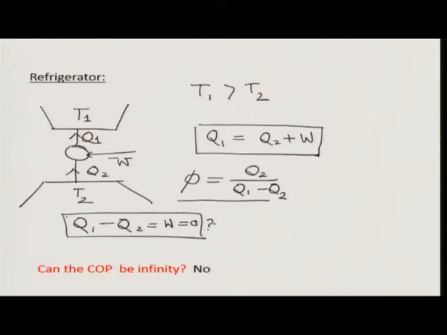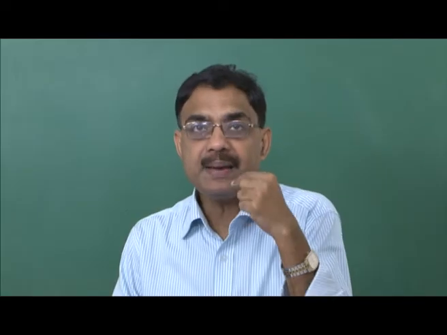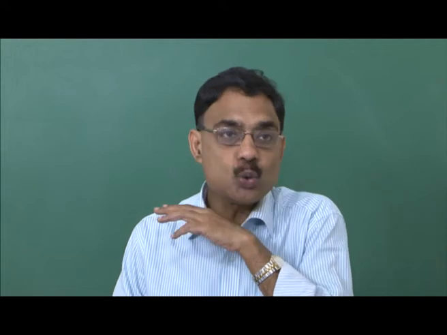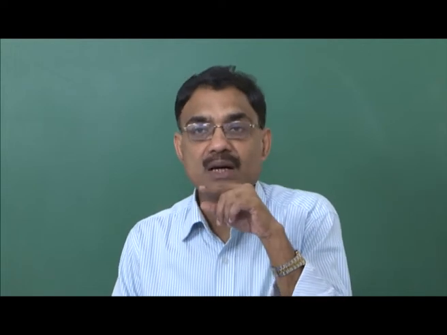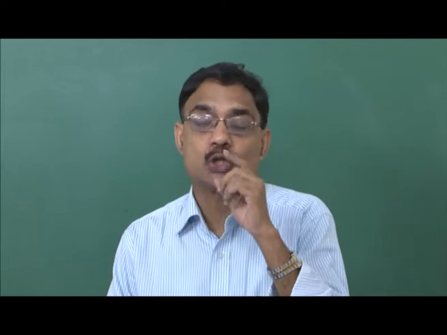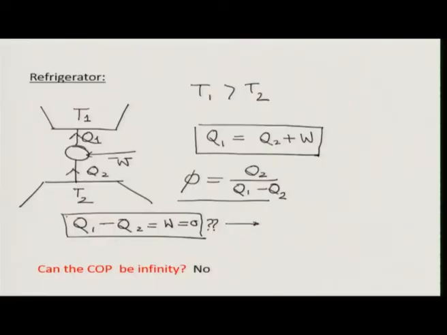If that is possible, then my refrigerator will extract heat from the cold reservoir and continuously dump it in the hot reservoir, and I don't have to do any work on the refrigerator. That is possible or not? Again, this is not possible. Second law forbids. So, you see, second law takes us far beyond energy conservation.